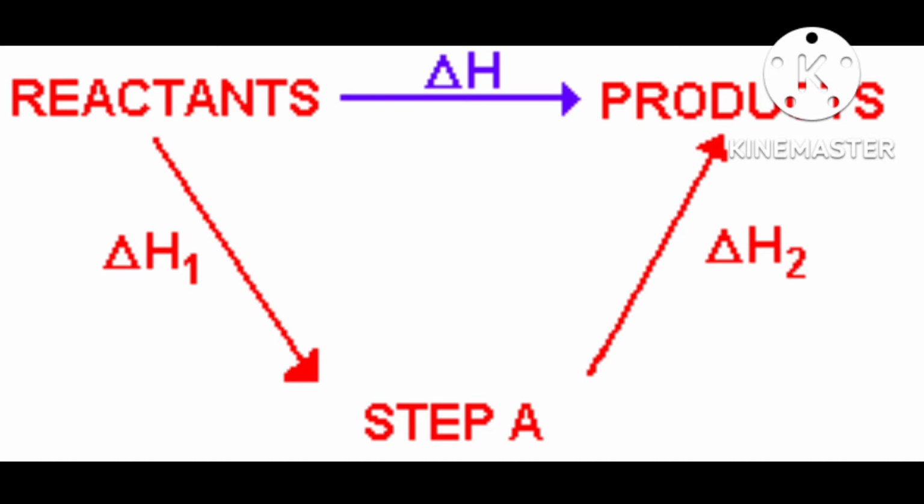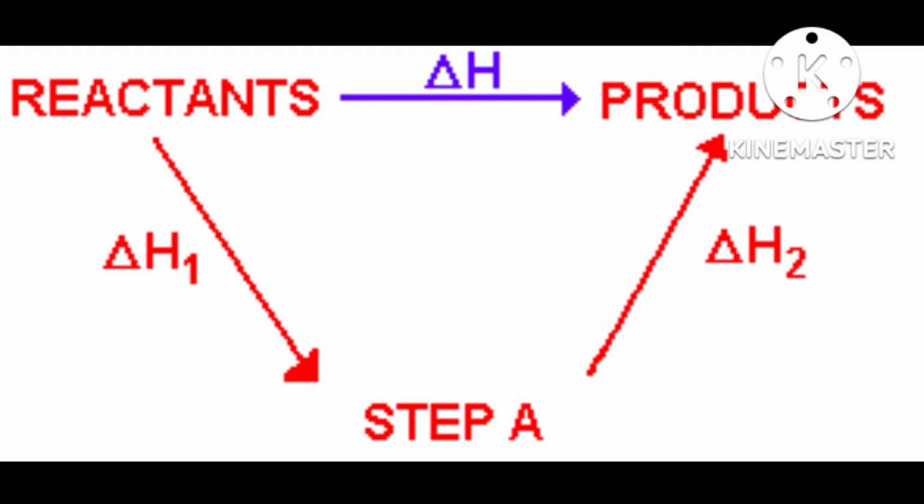How? Let us consider the following reaction: C plus O2, not half O2 but full O2, meaning more oxygen. Then it will form carbon dioxide gas, so write a small g. I told you, for gases you always have to write the physical state in thermochemical equations, otherwise it will be useless.